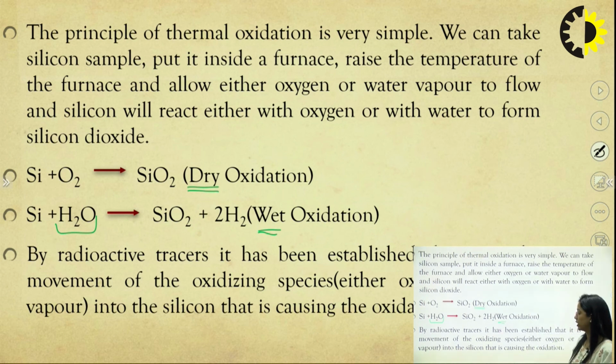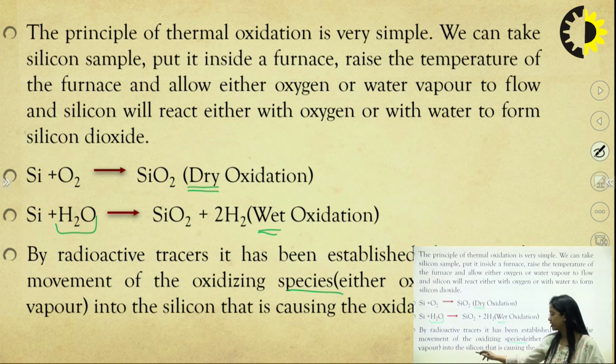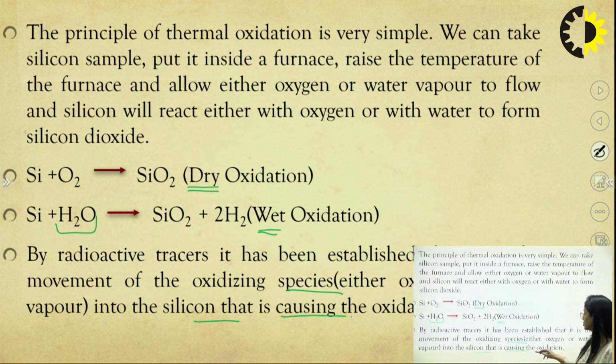Now, with the help of radioactive tracers, it has been established that it is the movement of oxidizing species, either oxygen or water vapor, into the silicon that is causing the oxidation.